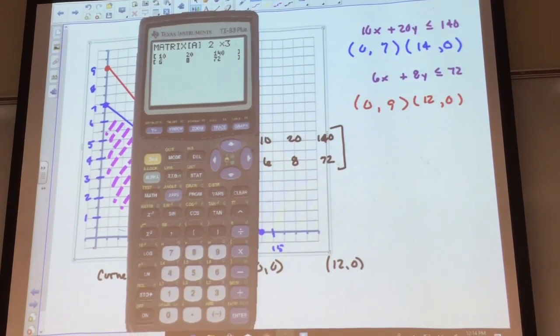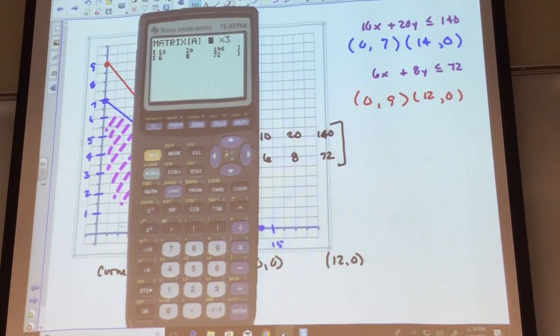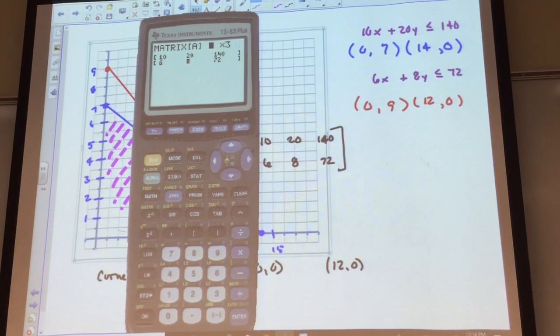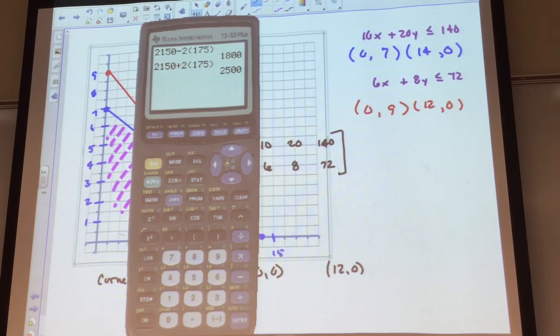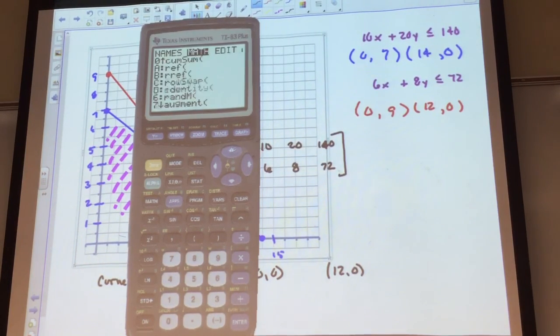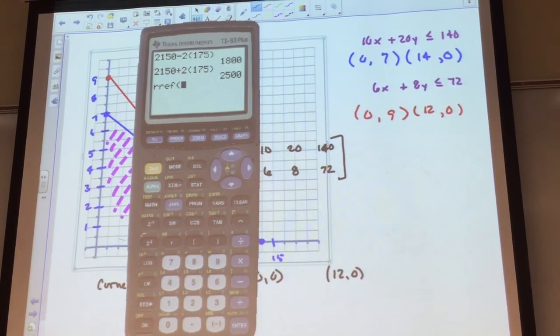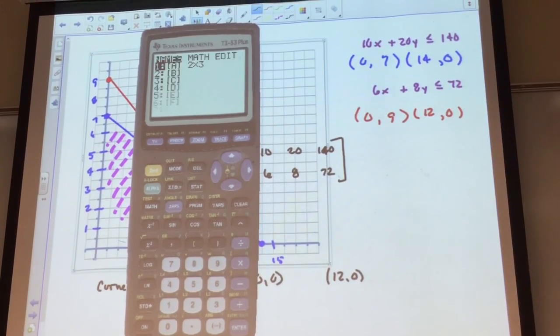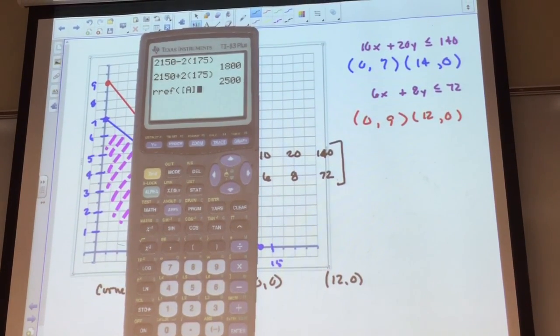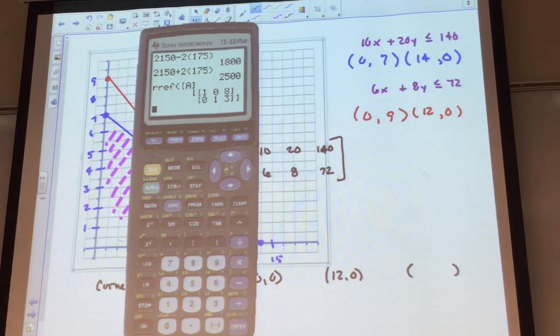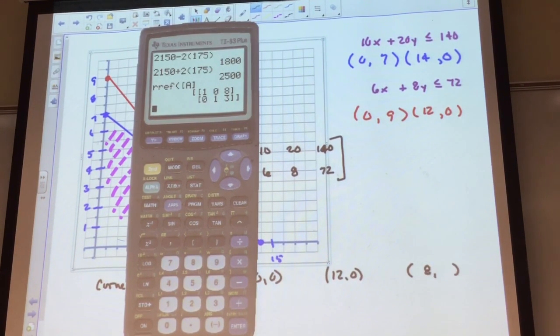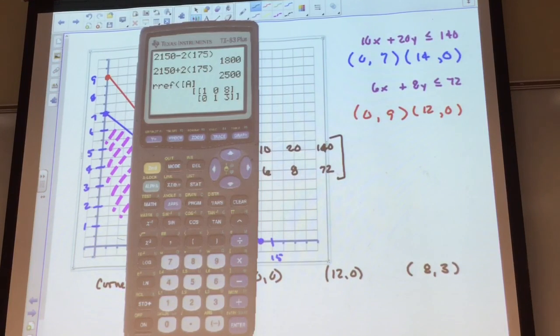It just so happens that I left that matrix in the problem, and it's all in there, right? So when I run the reduced row echelon on that matrix, that will tell me that I came up with my third point, which has coordinates of 8 and 3.